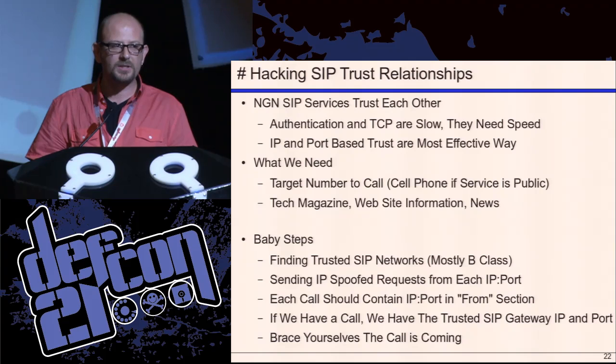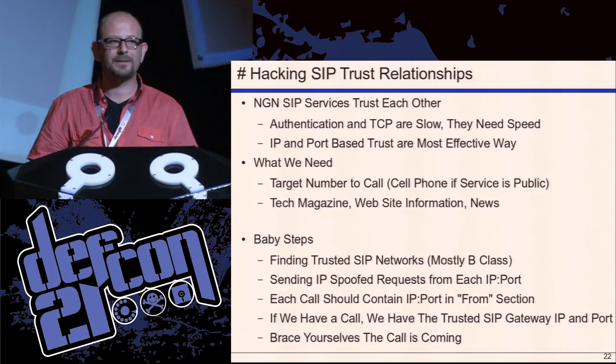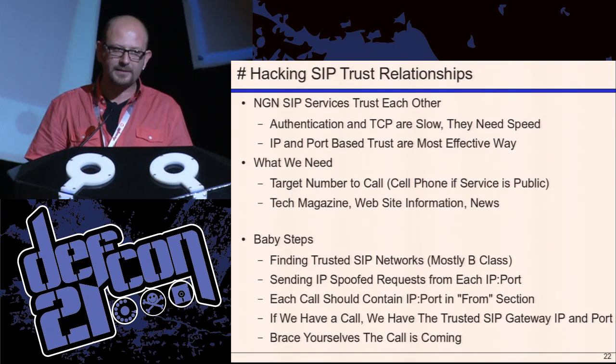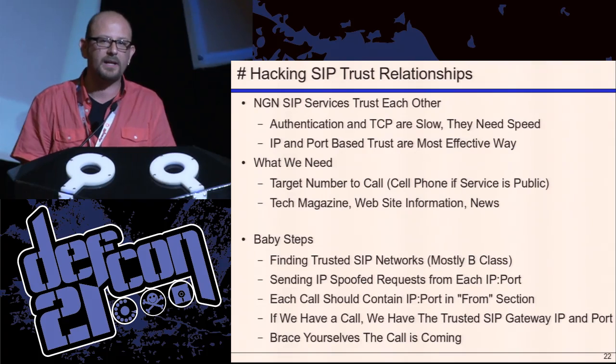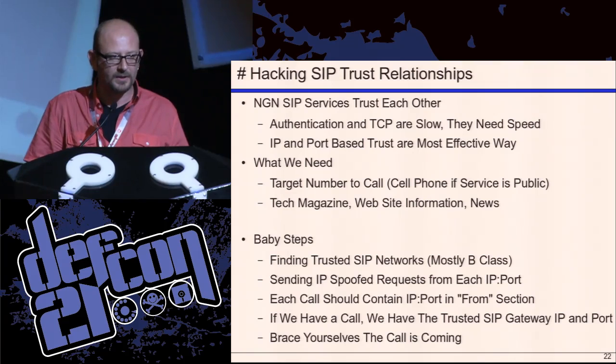Also, trust relationship hacking is another subject. We can act just like a SIP proxy. So we can initiate calls, we can send messages, or we can attack mobile clients via these SIP trust relationships.